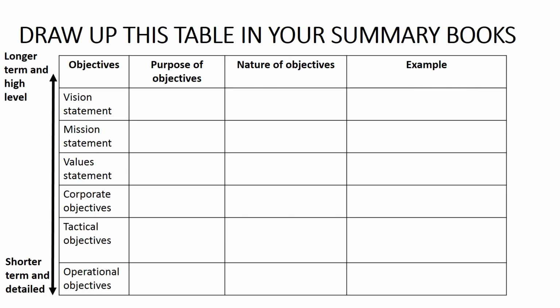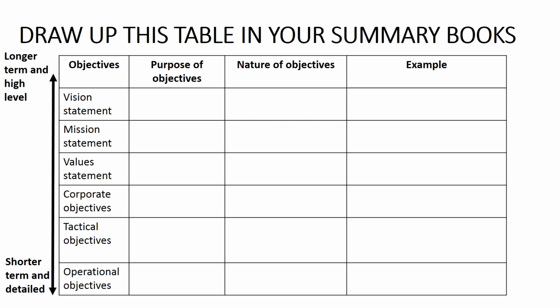This brings us to the second part of this video, where we are looking at how the different objectives of a business relate to each other. For this purpose, we can think of there being a hierarchy or ranking of business objectives, with business objectives ranging from the longer term and higher level objectives right through to the shorter term and more detailed objectives. Please draw up the table that you see on this slide in your summary books.